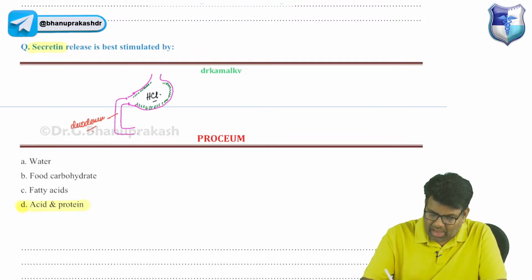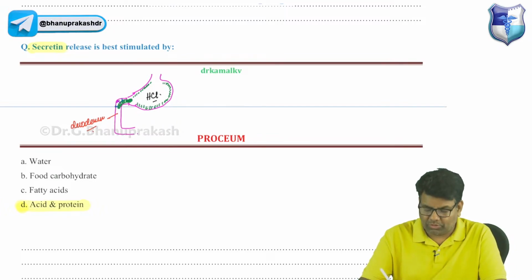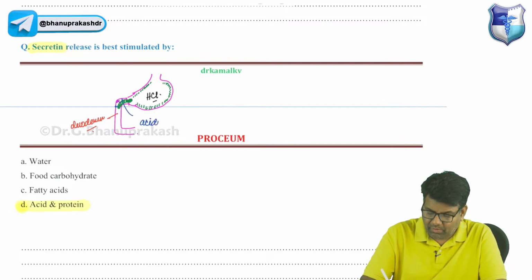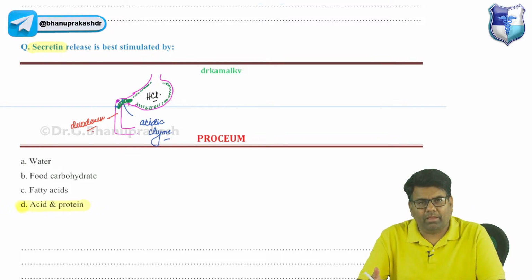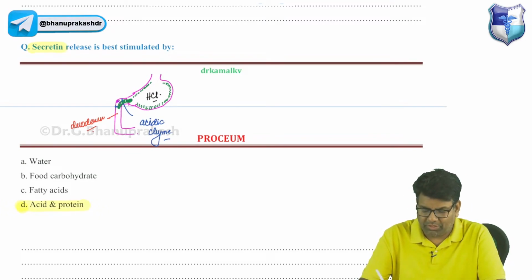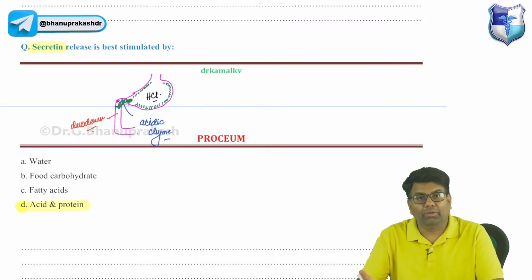What happens? As soon as this acidic chyme enters into the duodenum, there is a possibility that this acid might injure the duodenal mucosa. So this acidic chyme can injure the mucosa of the duodenum, and therefore we see that there is a possibility of duodenal ulcer.